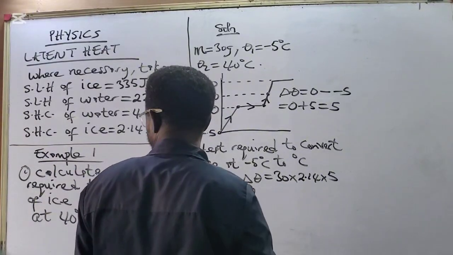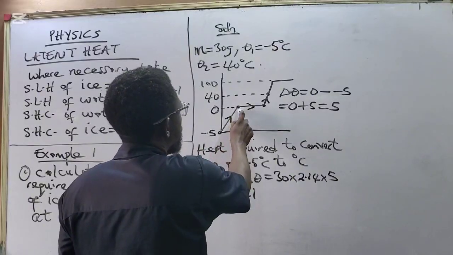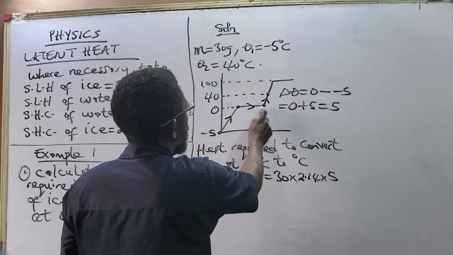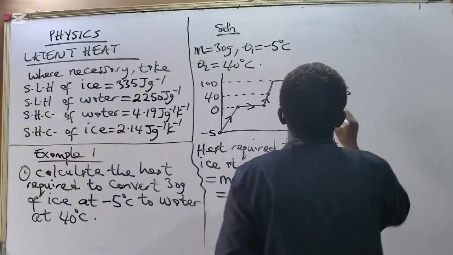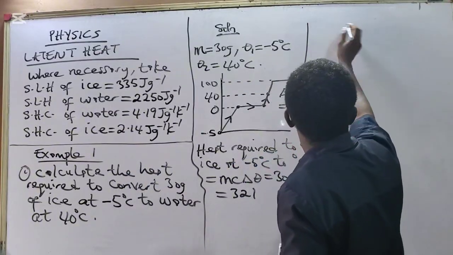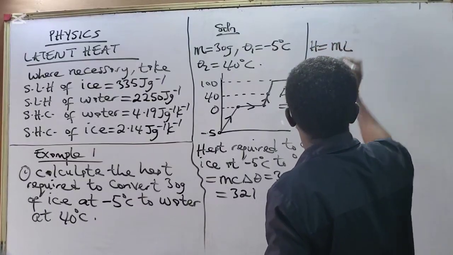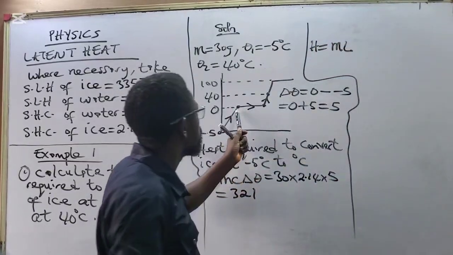So the next thing I'll calculate is the heat required to convert ice at 0 to water at 0. So that will be M1 L, but there's no increase in temperature.